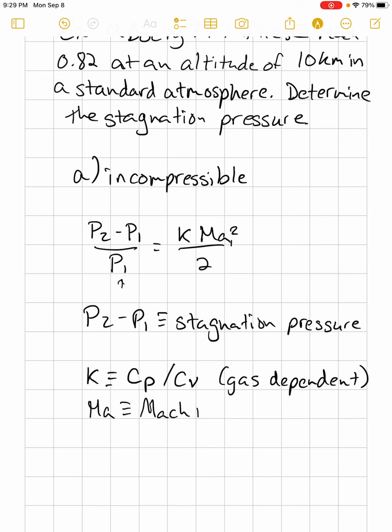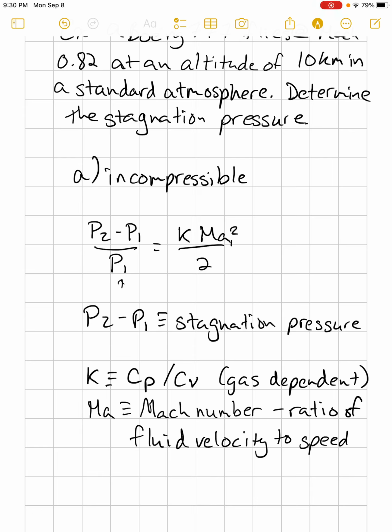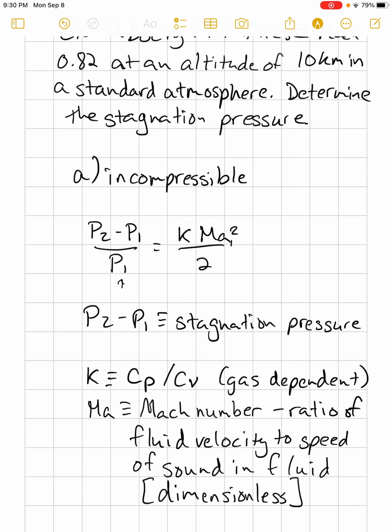MA is the Mach number. So the Mach number is the ratio of the fluid velocity to the speed of sound in that fluid. And this is the first of the dimensionless numbers that we are going to be using to characterize fluids.